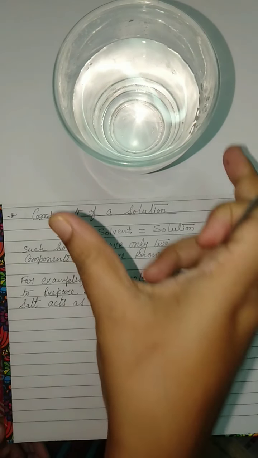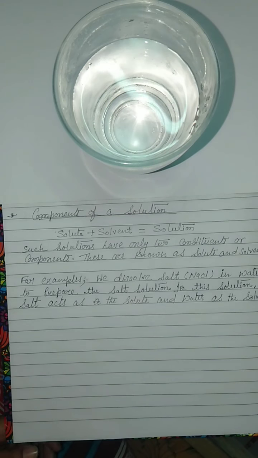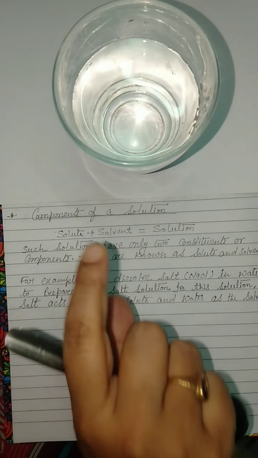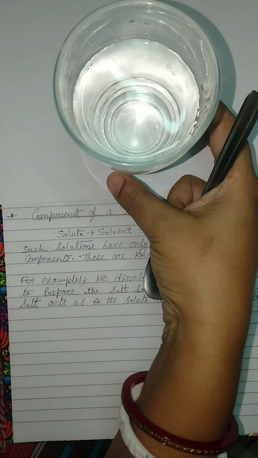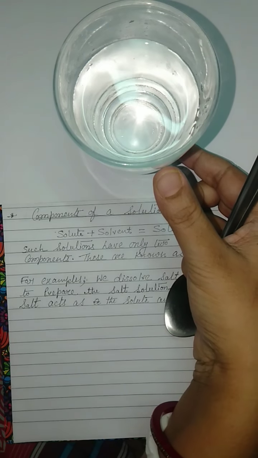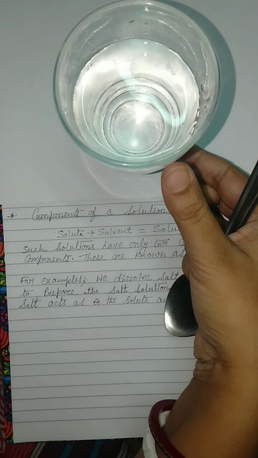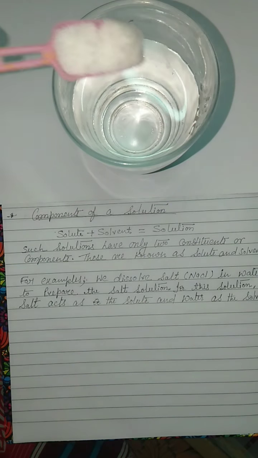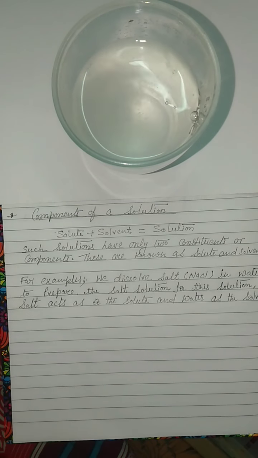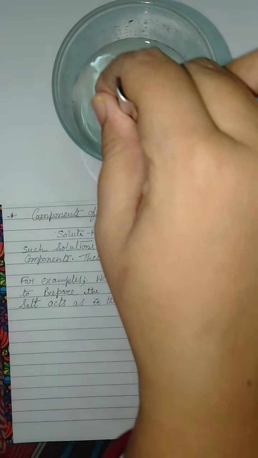So now we will start one activity: how to make a solution. Look here, students, this is the water, so this is called the solvent. Now we will put some salt in this water and stir gently.